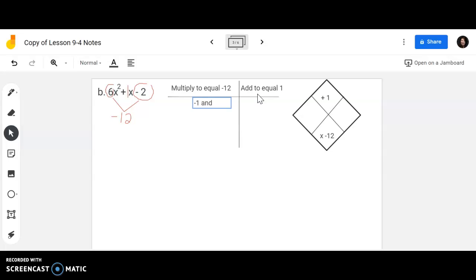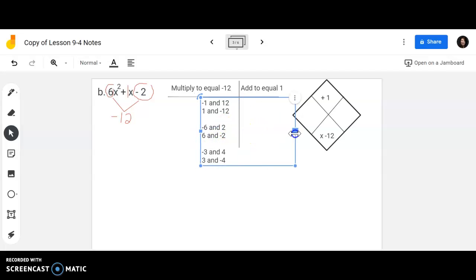So we could do negative 1 and positive 12, or positive 1 and negative 12. Remember, to multiply to get a negative, one of the numbers has to be negative. We could do negative 6 and 2, or positive 6 and negative 2. We also could do negative 3 and 4, or positive 3 and negative 4. So there's 6 different things that multiply to get negative 12.